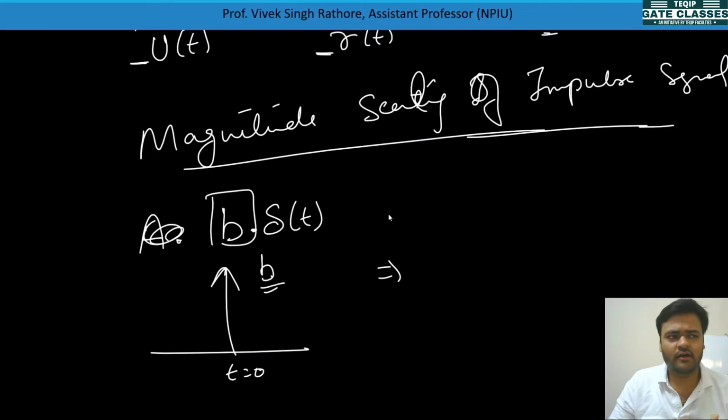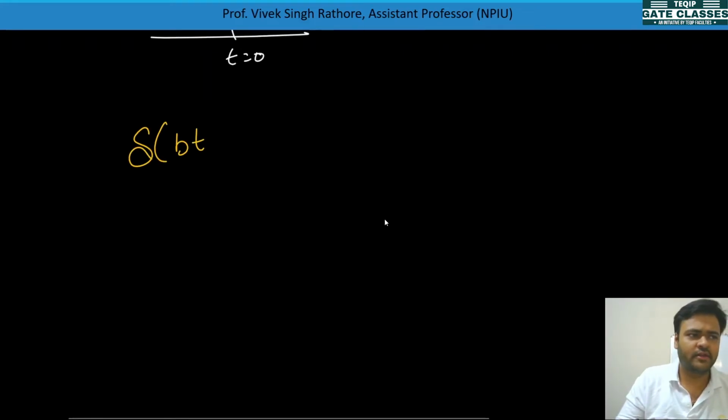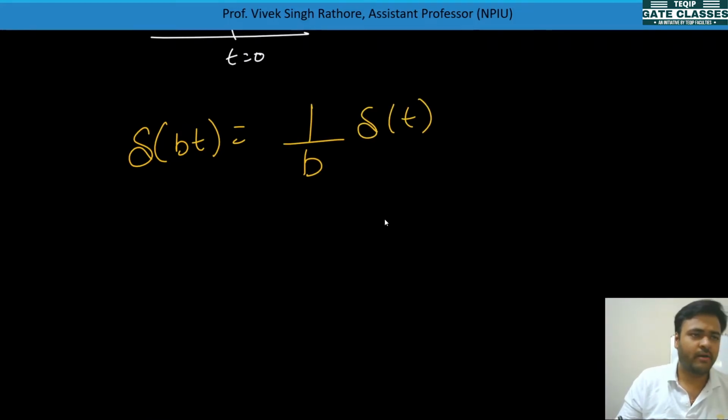If we have multiplied by b, you get the area equal to b, and this shows area only. So now I think you can write delta of bt is equal to 1 by b of delta t. But as you know, there is no effect of time reversal on delta t.